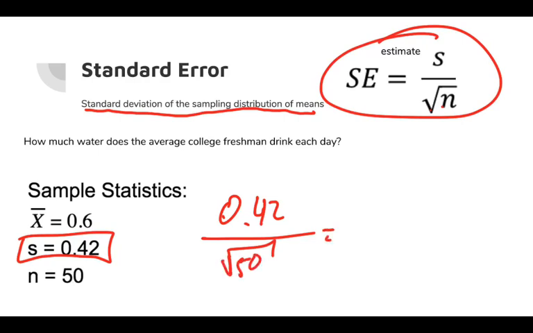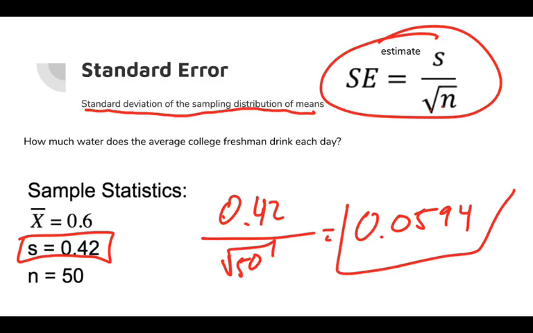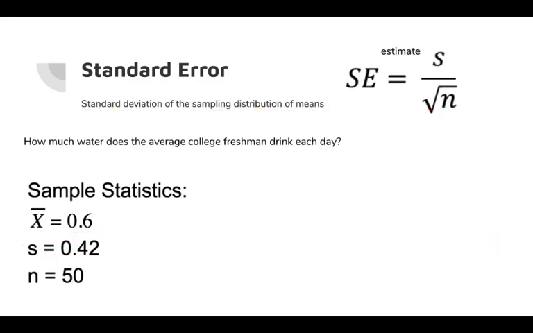And we find that our standard error is going to be 0.0594. We would use that as the standard error to fill out the shape of the sampling distribution.